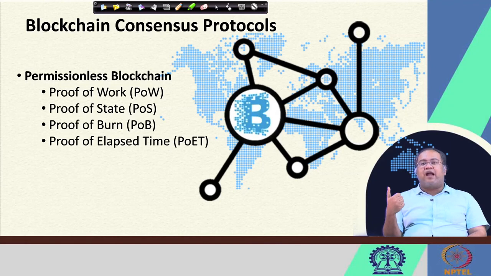You cannot bootstrap your system with proof of stake or proof of burn. You need to start with proof of work and gradually you can migrate to proof of stake or proof of burn. Then we have independent consensus models like proof of elapsed time, which was proposed by Intel and was a part of the Hyperledger Sawtooth architecture.